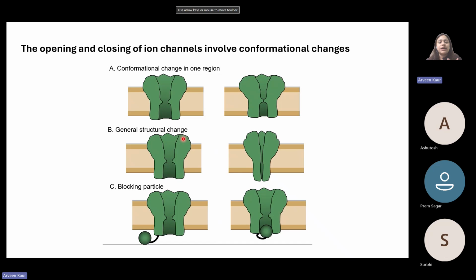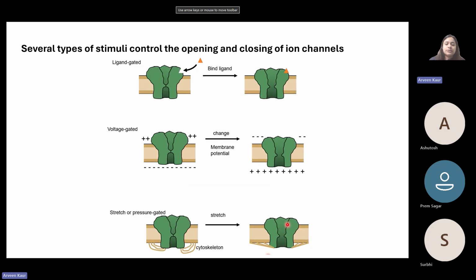Or there could be some kind of a blocking particle that is present. For instance, over here you can see in the C terminal, there is a particle that is removed when the channel is opened, but it physically blocks the channel when it is closed. There are several types of stimuli that control the opening and closing of these ion channels.